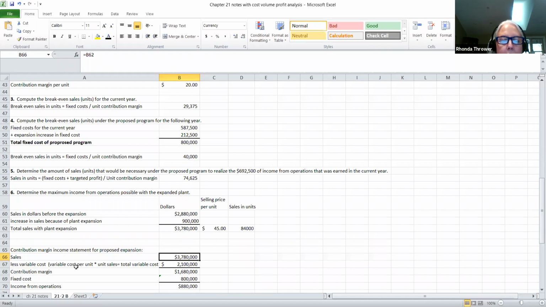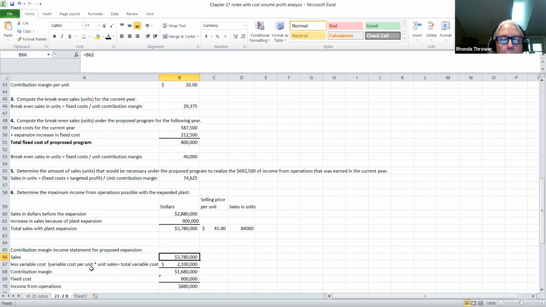So the variable cost per unit is going to be $25. But what's going to change is the unit sales. We now need to sell 84,000 units because with the plant expansion, we were anticipating some more sales dollars.